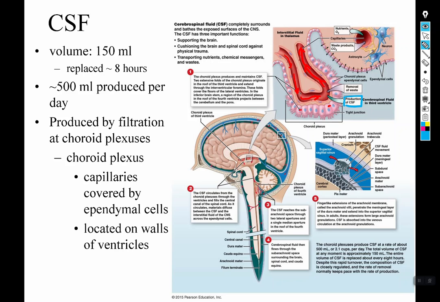So these fluid-filled spaces, the lateral, third, and fourth ventricles, each have their own choroid plexus, and they're all producing cerebrospinal fluid. Now, you produce about 1/2 liter of CSF per day, but that's not how much you have in you at any given time. You only have about 150 milliliters at any one time, and that's because it is filtered out at the same rate, ideally, as it is reabsorbed.